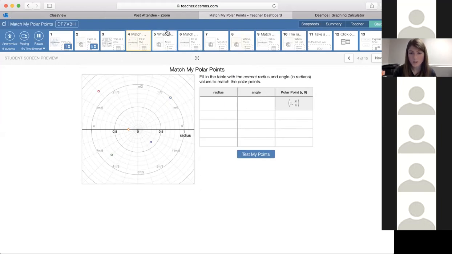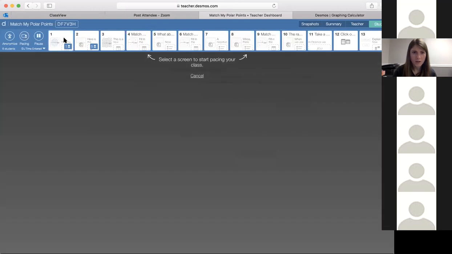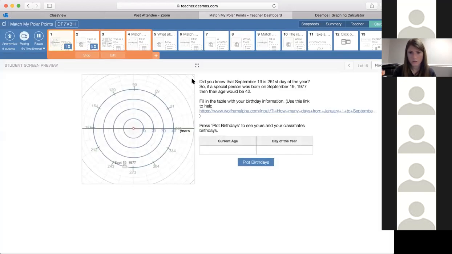So I'm going to let you guys continue. I'm going to pace it right now. If you're at home, the pacing won't be on later, but the pacing is to number 4. So I want you to work through those ones. I'm going to restrict you to slides 1 through 4, and then we'll take a look at 4 in just a second.